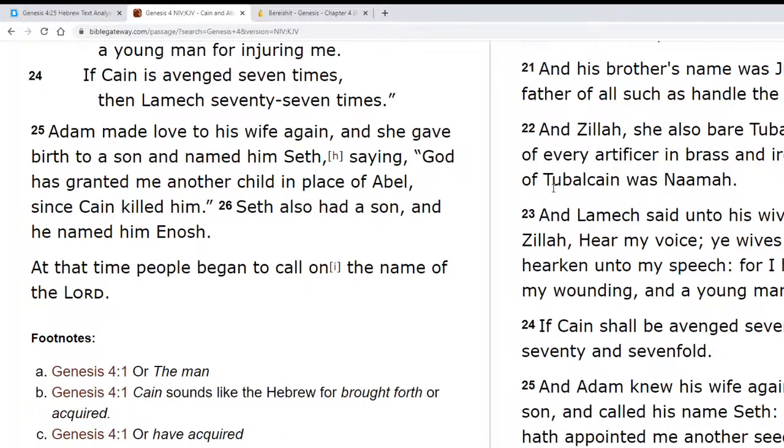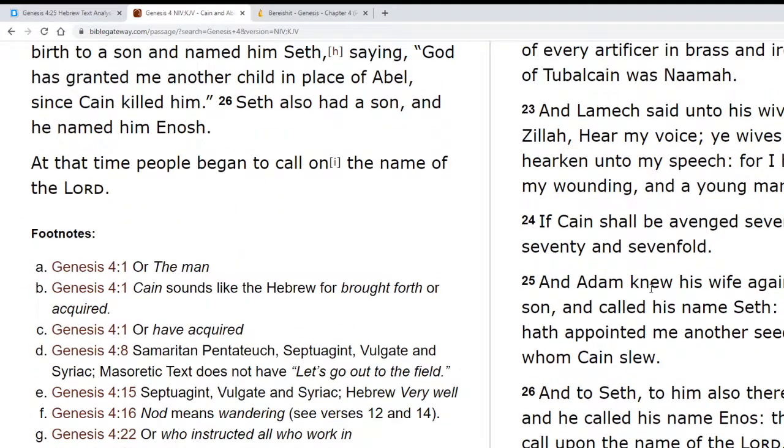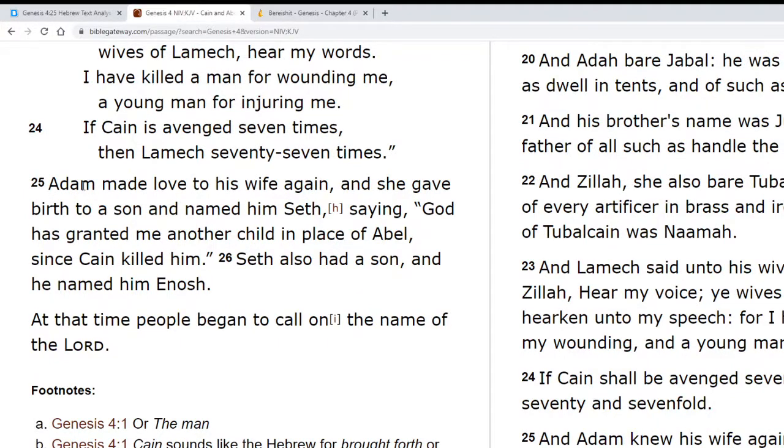King James. And Adam knew his wife again, and she bare a son, and called his name Seth. For God, said she, hath appointed me another seed instead of Abel, whom Cain slew. Yeah, seems right. Verse 25, NIV, Adam made love to his wife again, and she gave birth to a son and named him Seth, saying, God has granted me another child in place of Abel, since Cain killed him.